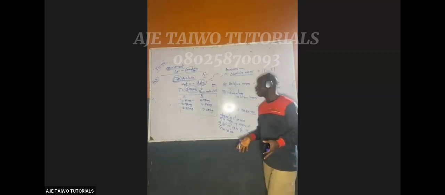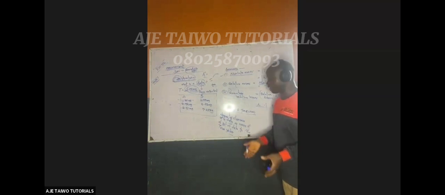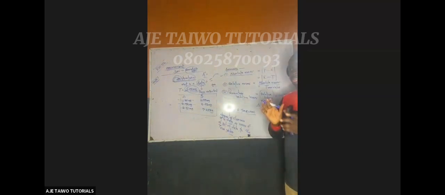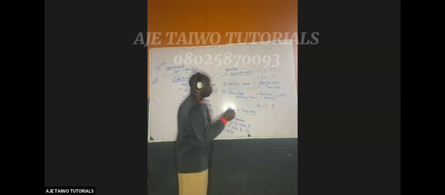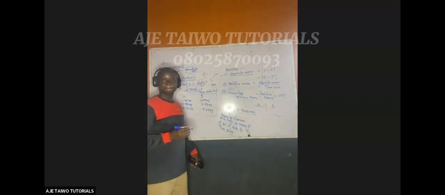The lower the absolute error, the lower the relative error, the lower the percentage relative error, the more the accuracy. The one that gives you lower values, the lower the absolute what? Error. Take note of that. Though the most used tool here is the percentage relative error.